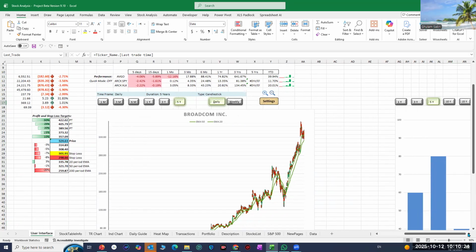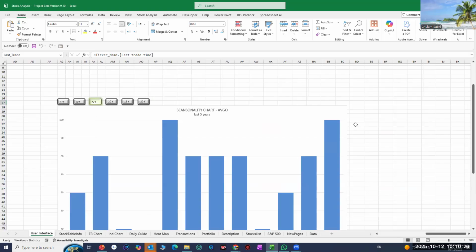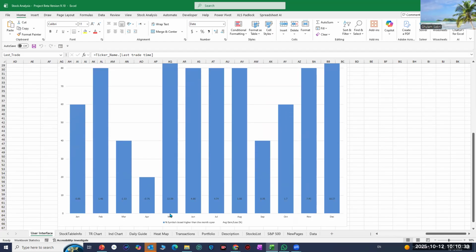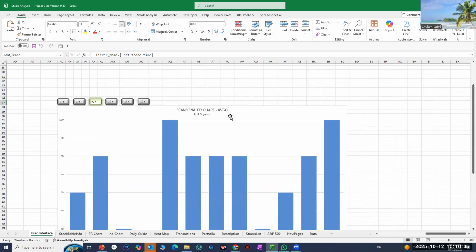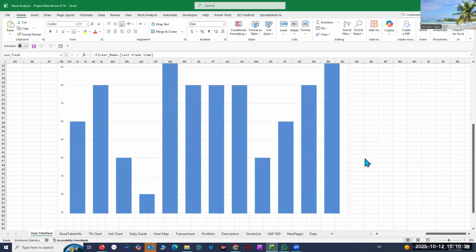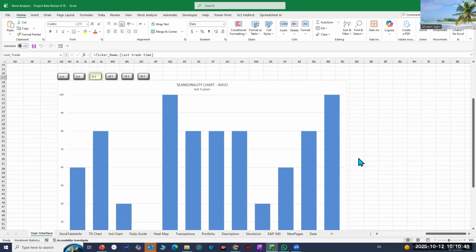On your right, if you scroll here, it gives us the seasonality chart for the last 5 years, because we have selected 5 years here. And it tells us that these are the months, and this particular stock, AVGO, Broadcom, has given this much return. For example, in December, 100% of the time, Broadcom has closed higher than it opened.